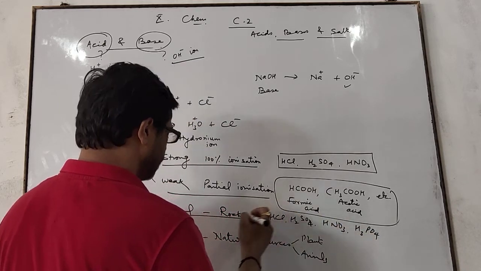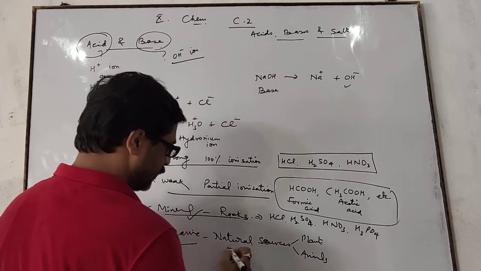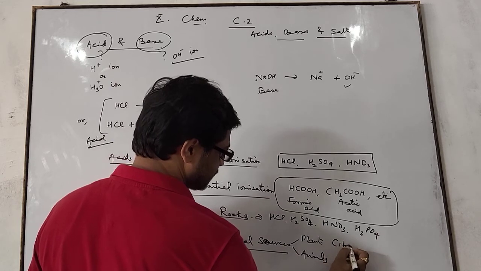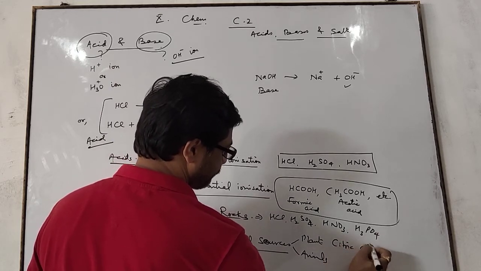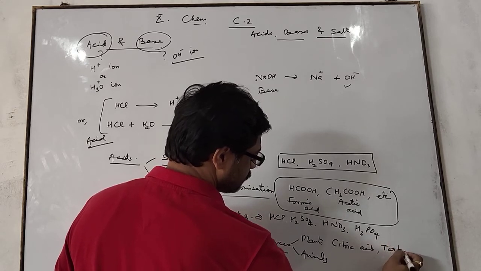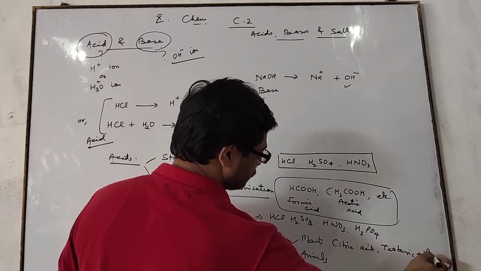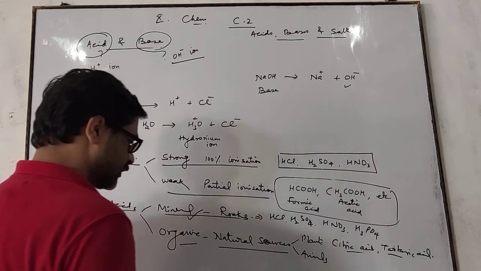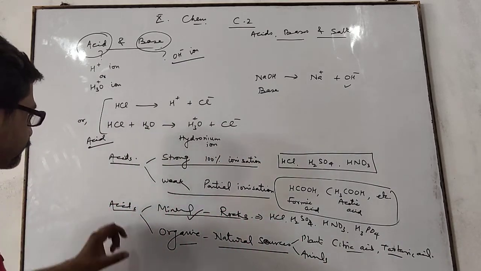They all are mineral acids. And organic acids are obtained from plants, like citric acid present in lemon, tartaric acid present in tamarind, etc. These are organic acids.